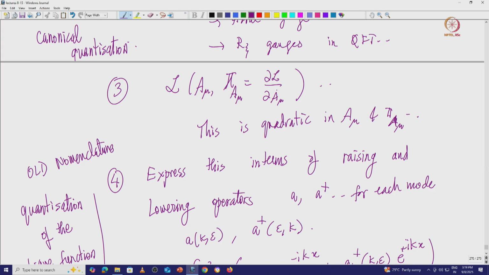And then in field theory language, the crucial point is that without going into the details, I tried to follow the philosophy of Sakurai here to give you a flavor of the thing, saying that I can directly express these things in terms of raising and lowering operators, or creation and annihilation operators, which are A and A dagger, given for each mode of k and each polarization vector epsilon.